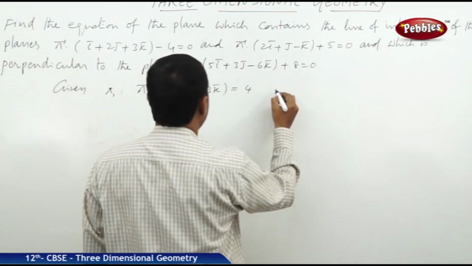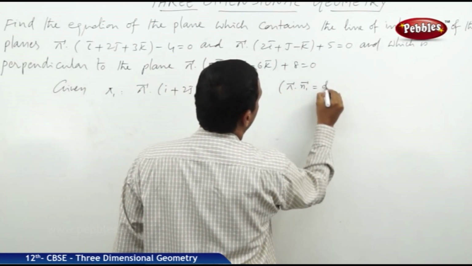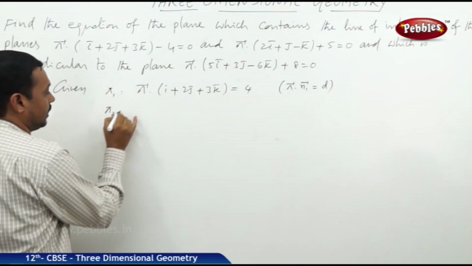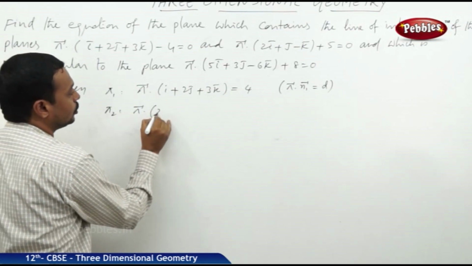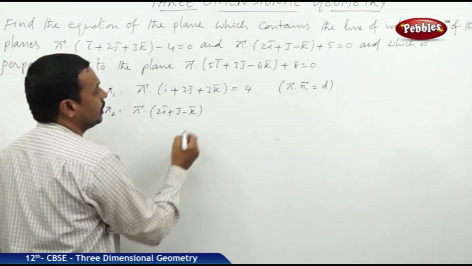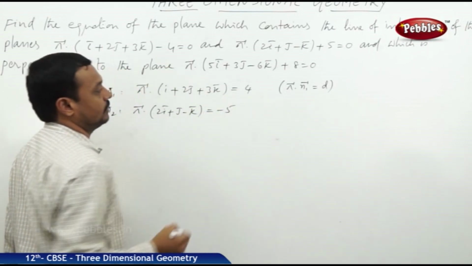Okay, now you see it is in the r bar dot n1 is equal to d form. Next, the second plane, that is r bar dot 2i plus j minus k plus 5 is equal to 0, that means it is equal to minus 5.